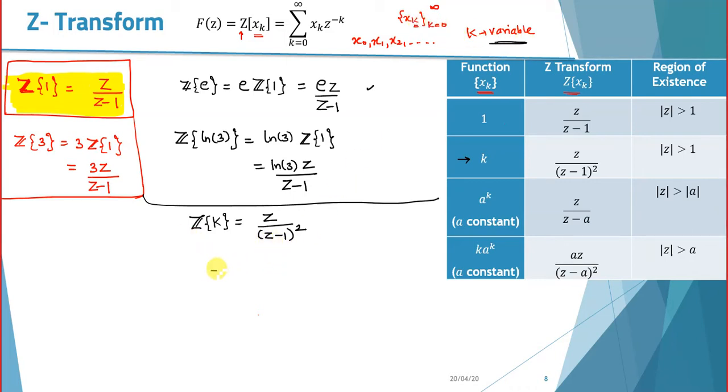An example is the Z transform of 7k. 7 is a scalar, take it outside: 7 times the Z transform of k, which is 7 times z over (z minus 1) to the power 2. This is how you can work with these two rules.